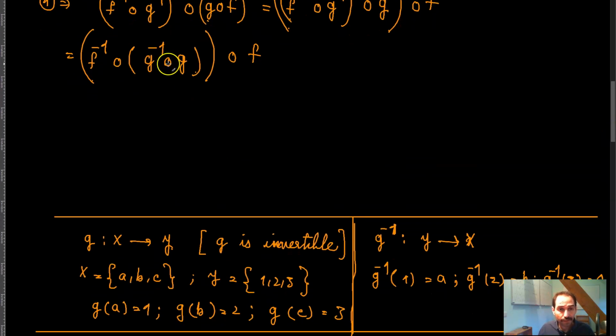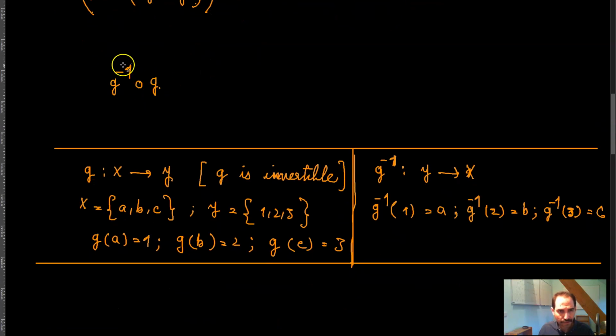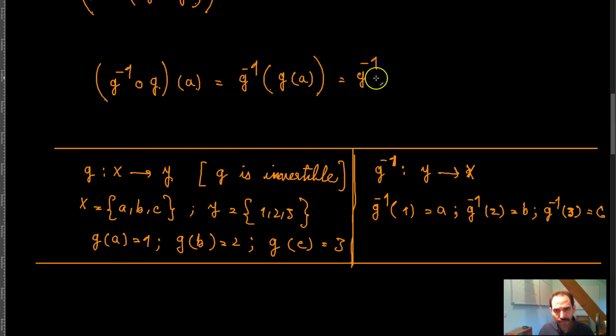Here I want to calculate G inverse composed with G. The argument of the function G can be A, B, or C, because the domain is X. So G inverse composed with G of A is the same thing as G inverse of G of A, and G of A is equal to 1, so it's G inverse of 1, which is equal to A. So G inverse composed with G of A is equal to A.